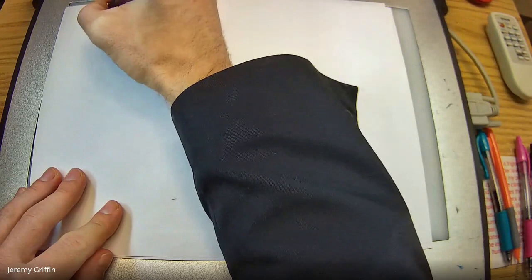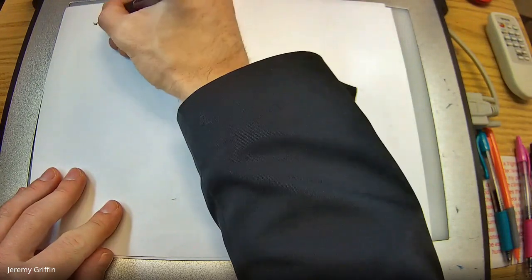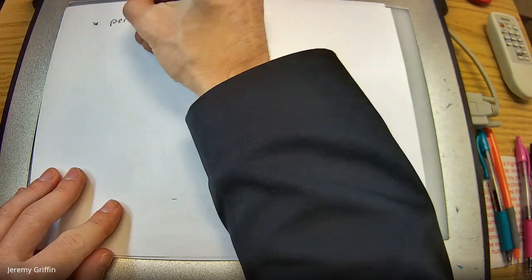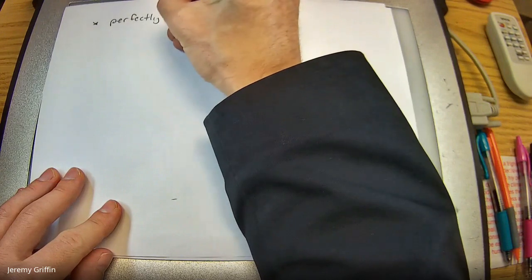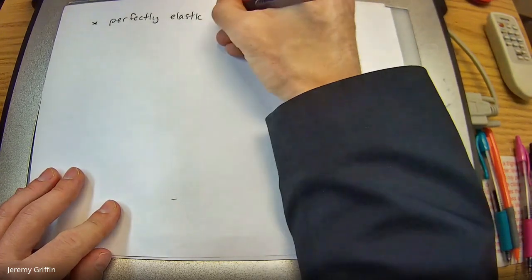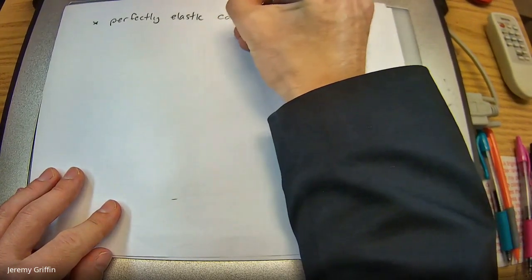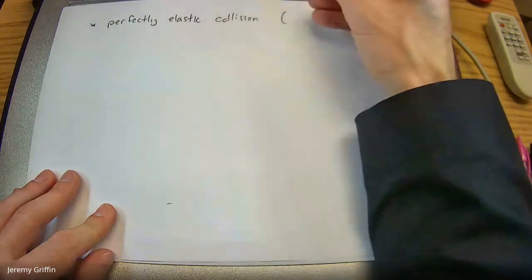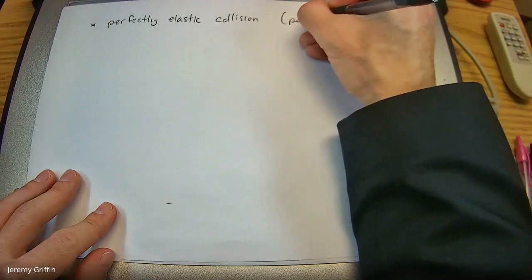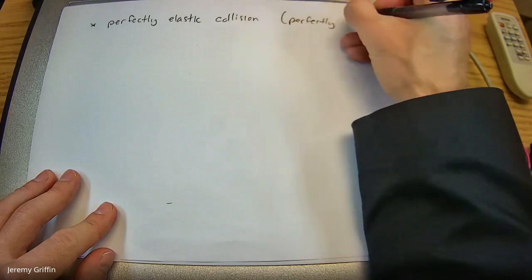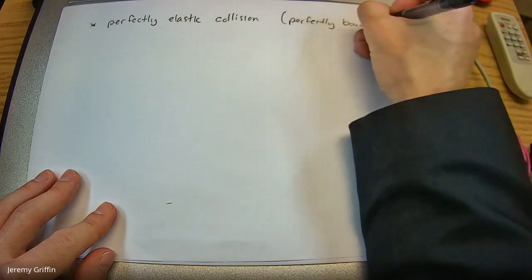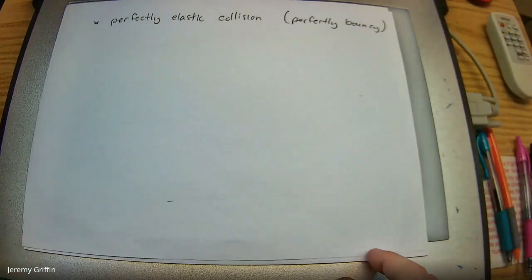So let's look at the other special case you can have, which is a perfectly elastic collision. That's the physics term for perfectly bouncy.